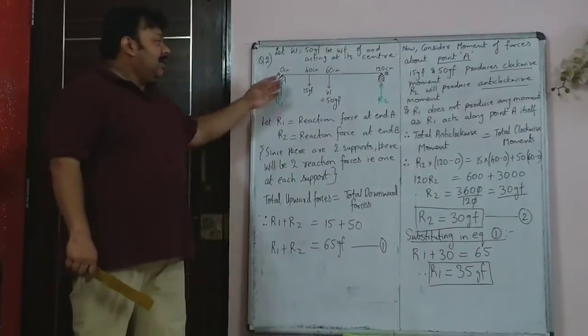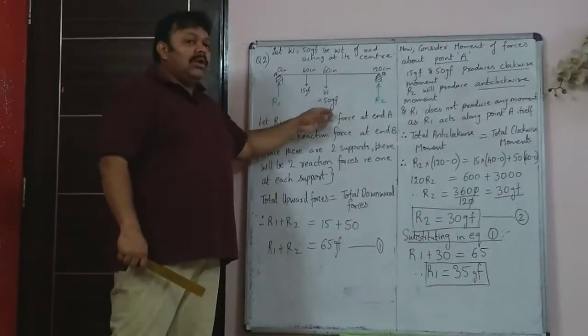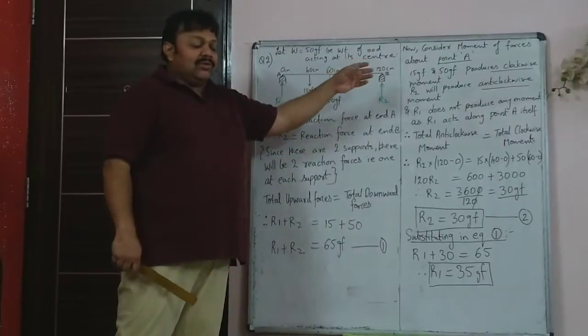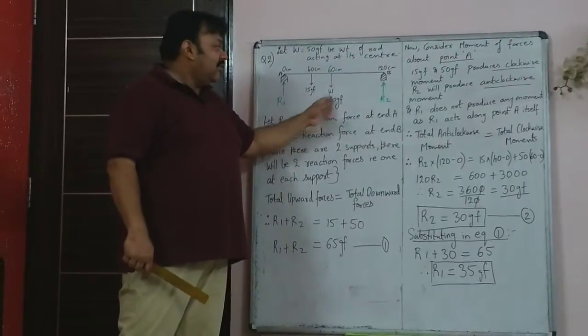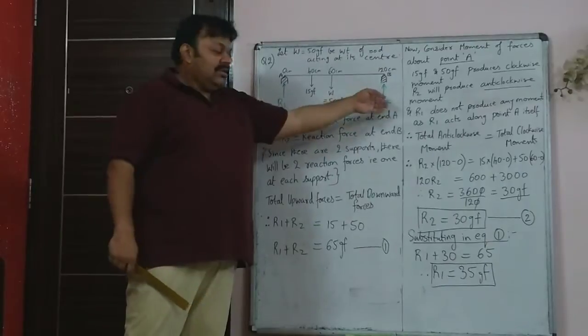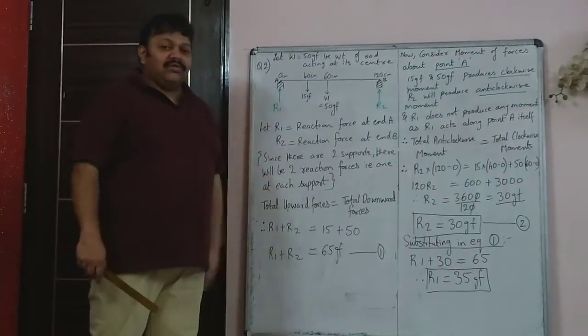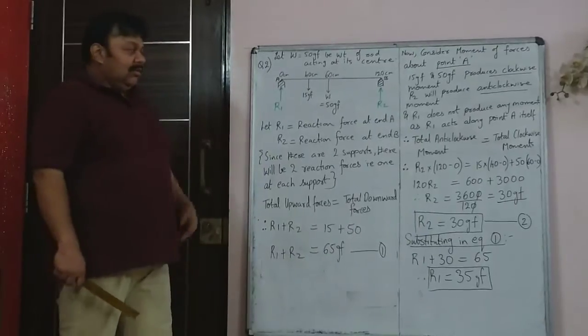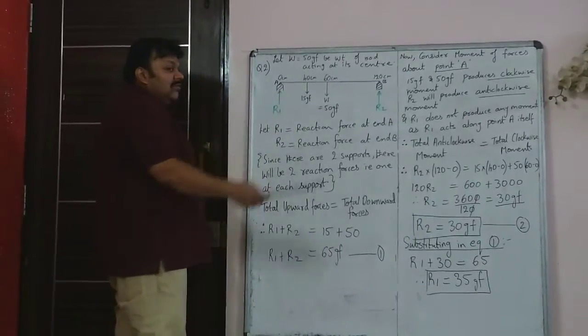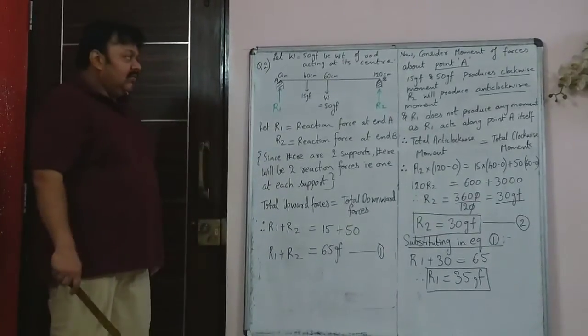If there was no weight hung anywhere, if it was only the rod there and the weight as 50 GF at the center, then yes, both of them would have had equal reactions, only balancing this 50, so 25 each. But not otherwise. It depends on where the other weights are also hung.